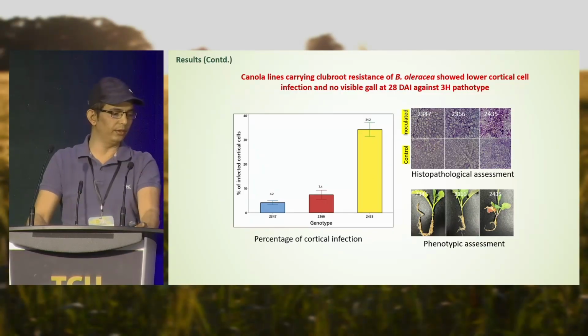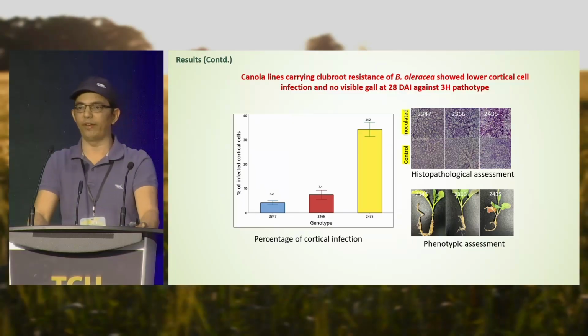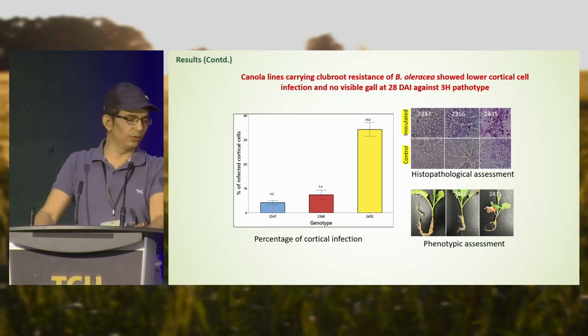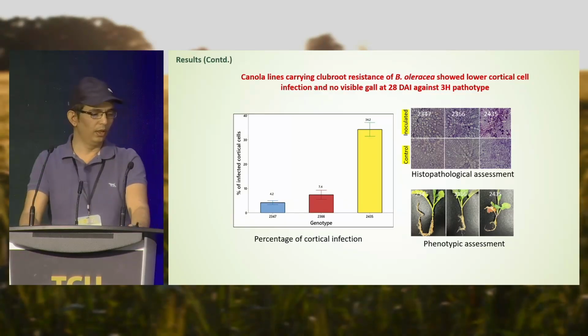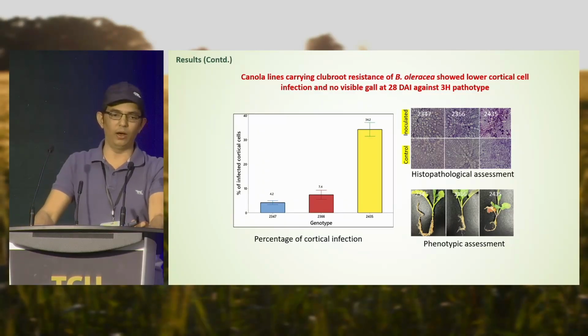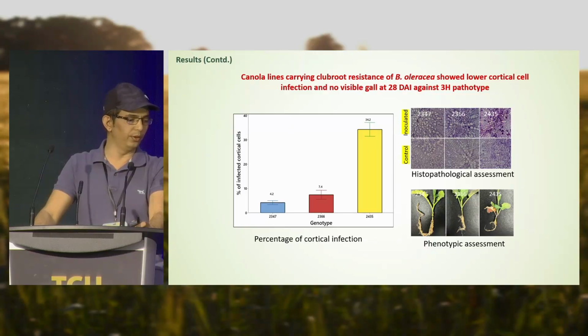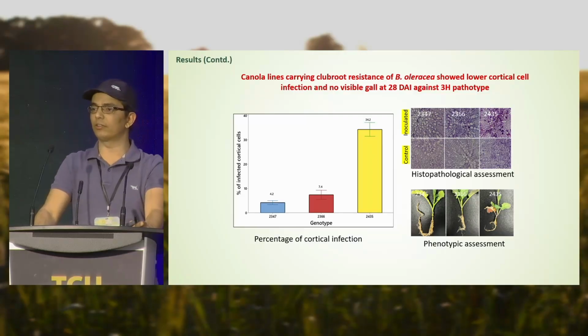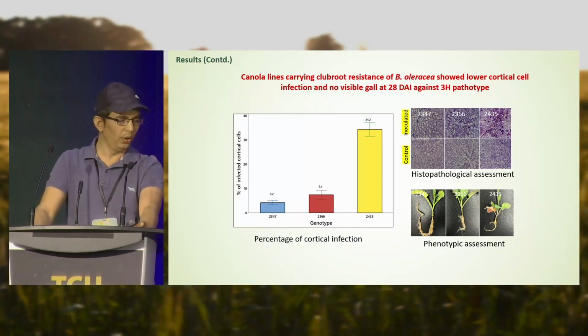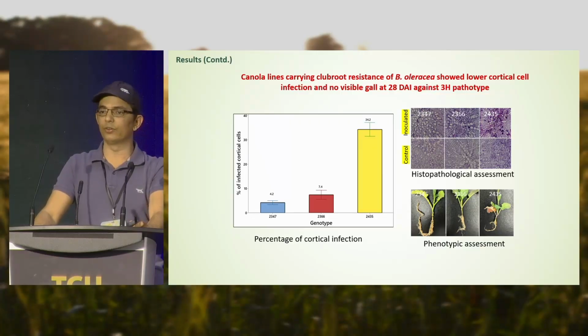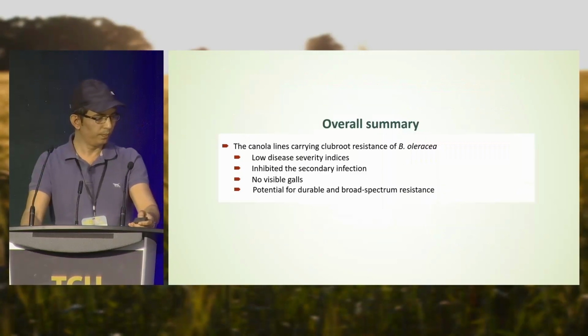We found that those resistance lines were effectively inhibiting clubroot infection, and our canola lines showed no gall at 28 days post-inoculation. Overall, this indicates that the resistance loci introgressed into canola lines were inhibiting cortical infections.